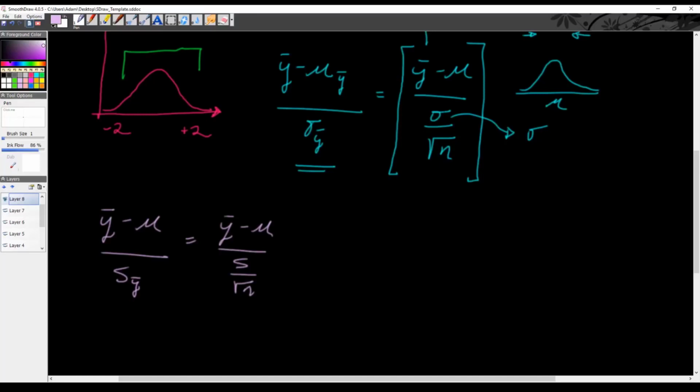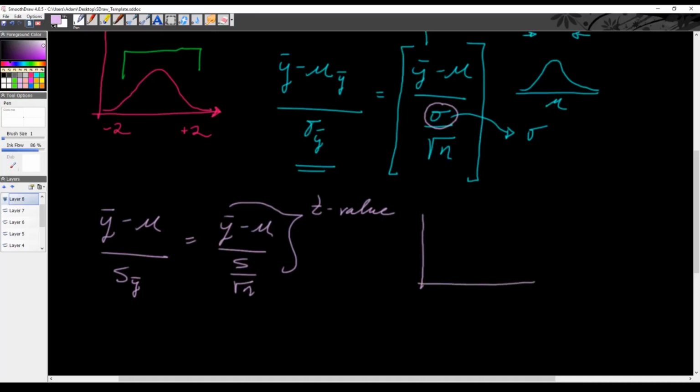So when we know the population standard deviation, we've got a normal distribution. When we don't know the population standard deviation, we've got a t distribution. This statistic is just like a z value, but it's called a t value. So for each mean, I can map it to a t value, and those t values are, you guessed it, t distributed.